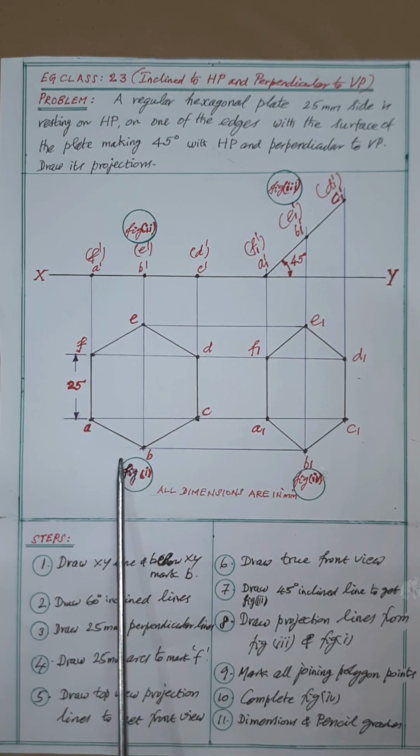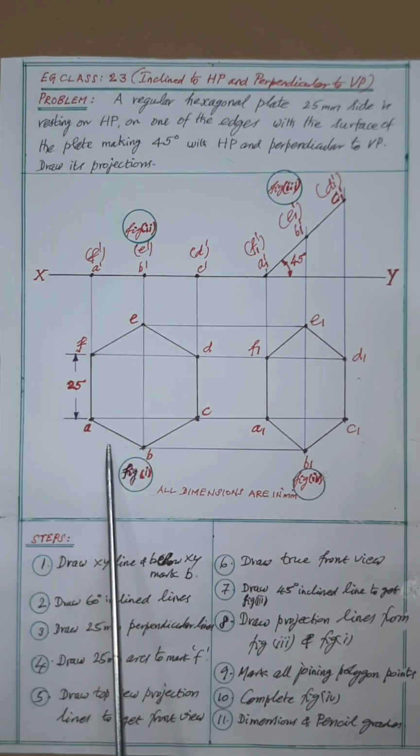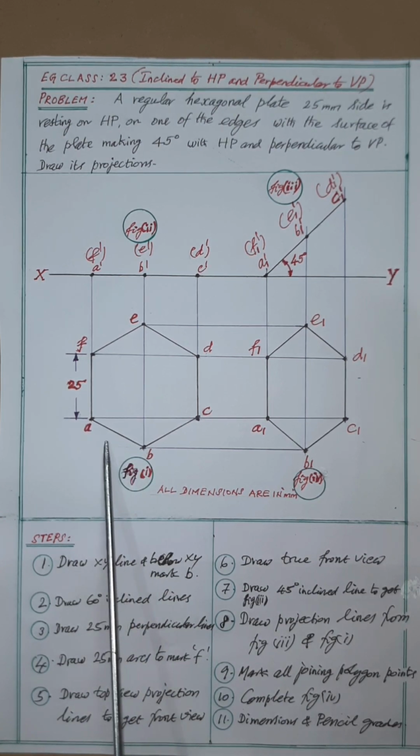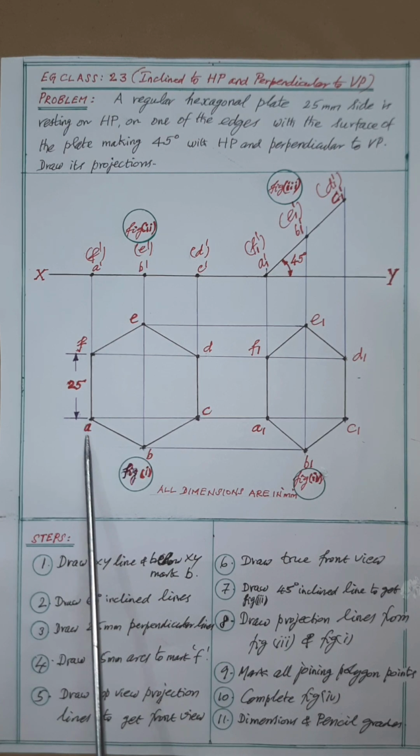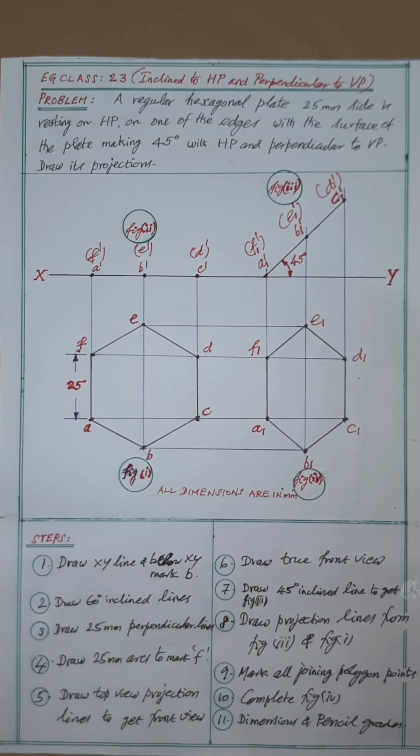Similarly, taking a 60 degree angle in clockwise direction to the horizontal line at B, draw a 25 mm length line making another point as A, that is BA.